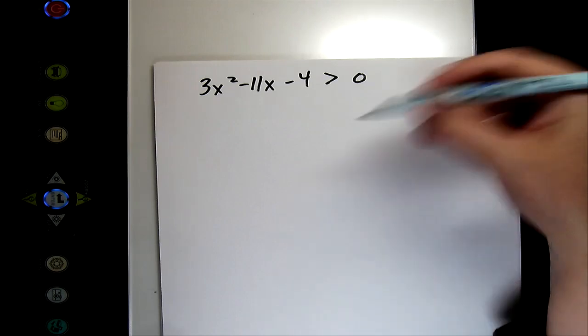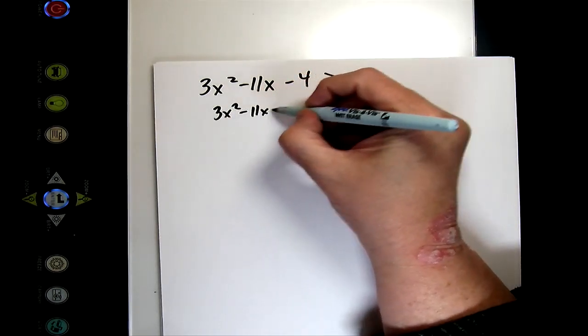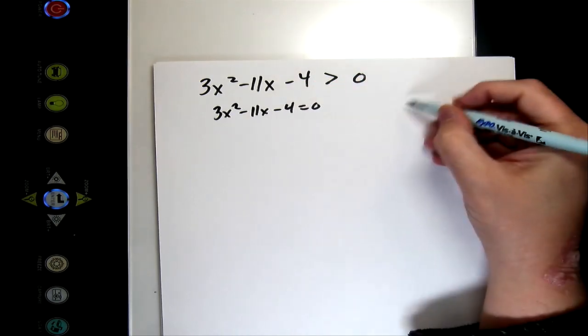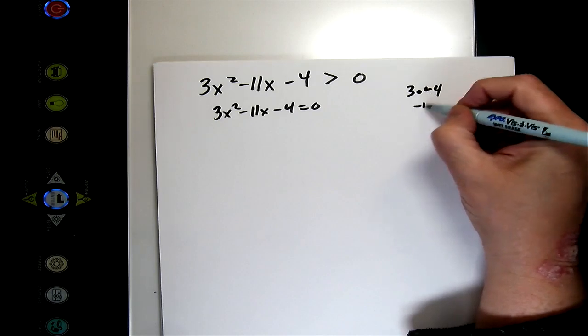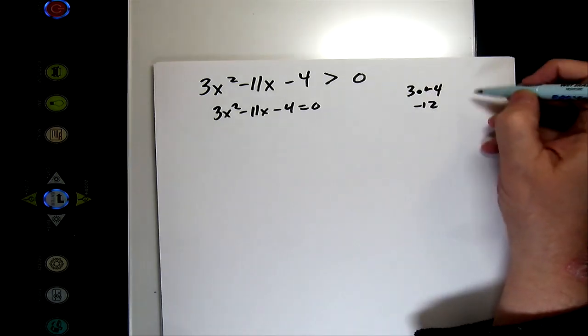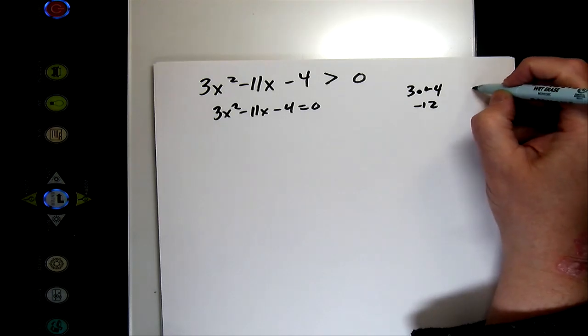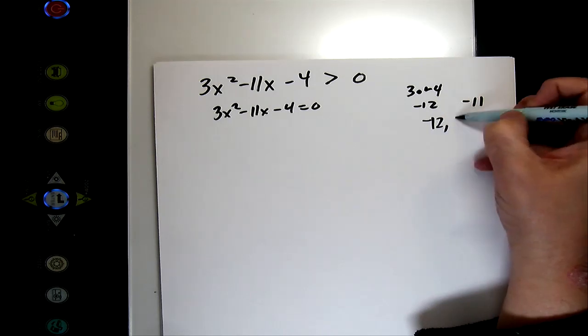So if I treat this as the equality, I'm looking for 3 times -4 giving me -12. I need things that multiply to -12 but add up to -11. So -12 and 1.